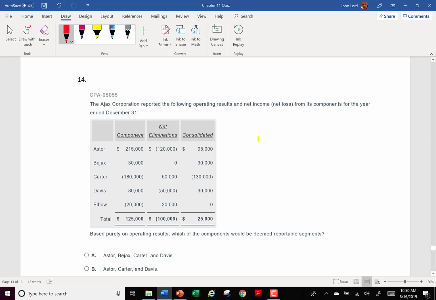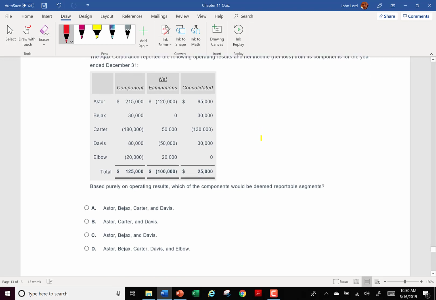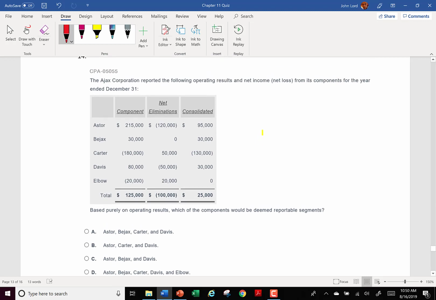I could give you a question where you'd have to add in a segment, because at some point it's just add them any way you want in order to meet the 75%. So typically a question that's testing that 75% sufficiency rule is going to have you include all the segments to get up to 75%, if that makes sense.